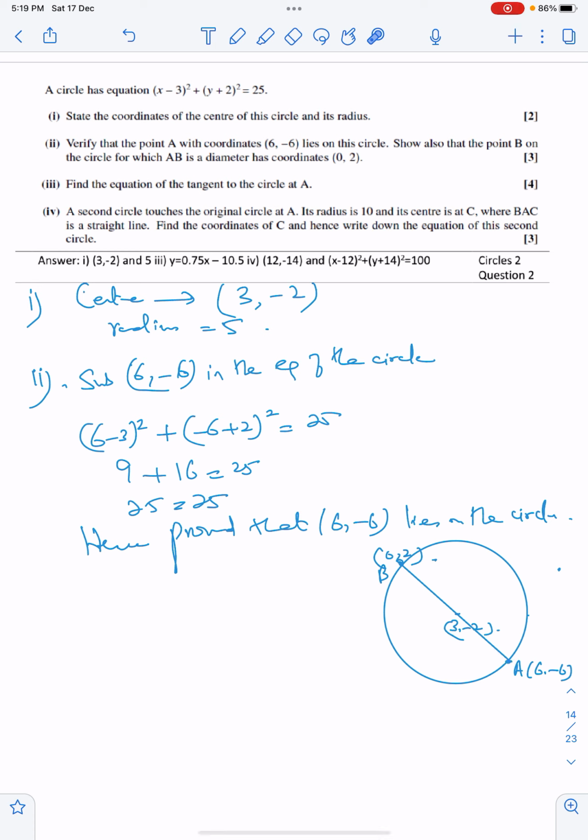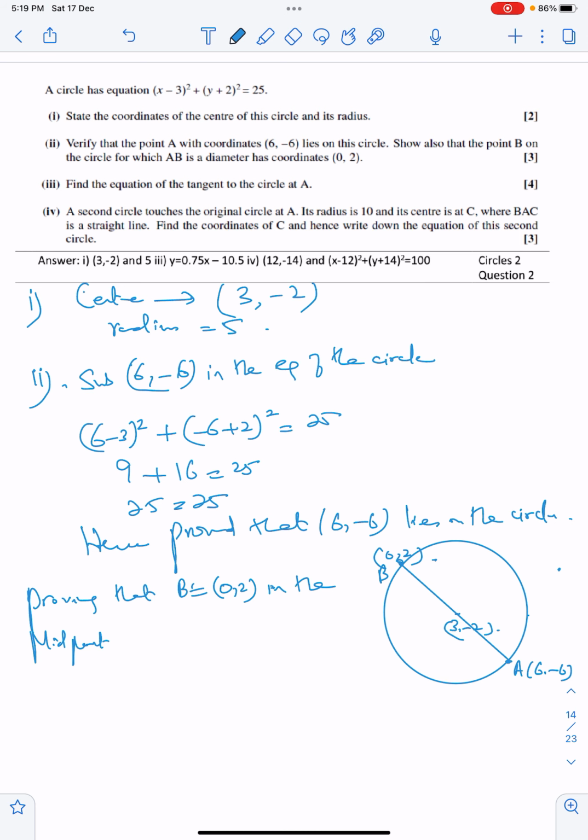this is actually the midpoint of A and B. So proving that 3 comma negative 2 is the midpoint, we have to prove that B equals 0 comma 2.